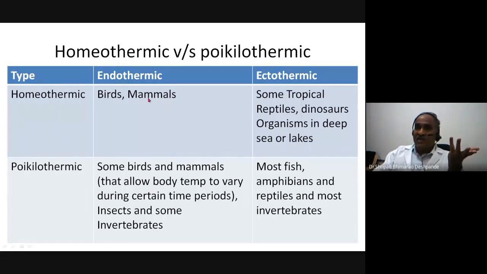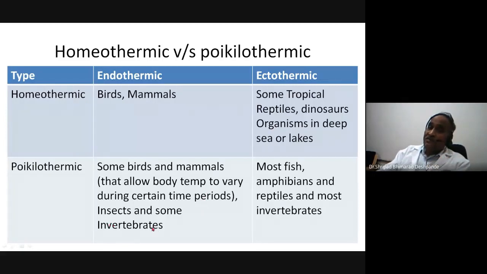So in that there are some poikilothermic animals which have internal regulators, but these internal regulators are there to adjust to the external environment. Like that, some birds and mammals go for hibernation for a period. So those regulate the body temperature by going into hibernation and suppressing their activity.